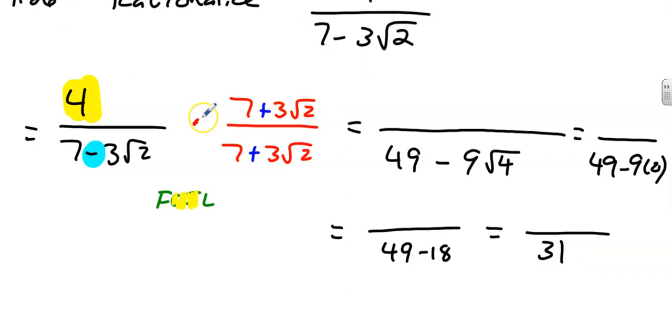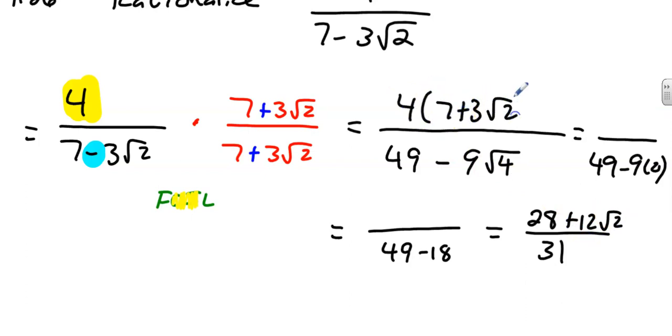So we would do 4 times 7 for 28. 4 times 3 square root of 2 to be 12 square root of 2. But now, I don't think every one we've done so far, which, again, doesn't mean anything, because sometimes they may sneak one in here, but every one that we've done so far this semester, this number never canceled with this number.